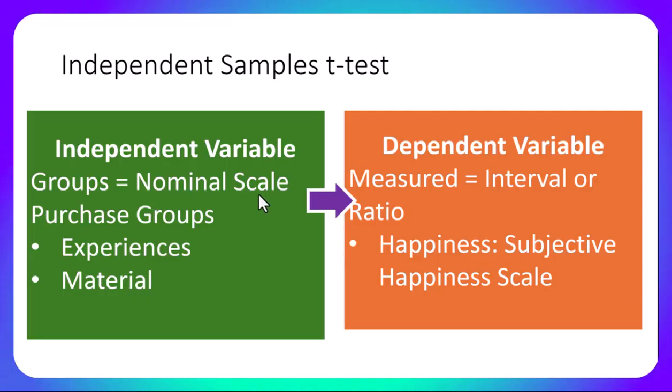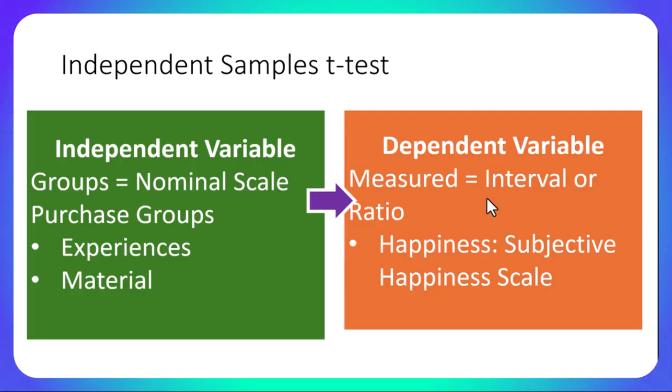And we're looking at its influence on the dependent variable, and this is what we measure. This can be either interval or ratio scaled. In this case, we're looking at the outcome of happiness. How happy are they? We're comparing happiness between experiential purchases and material purchases groups. And so that is our outcome of interest, happiness. That is the dependent variable.